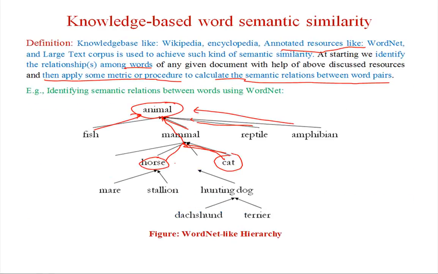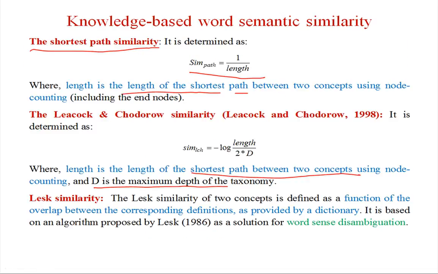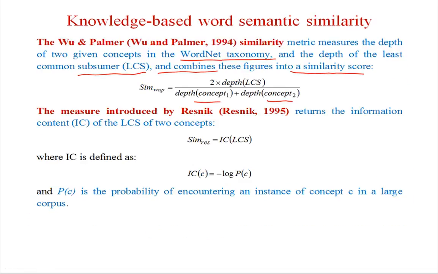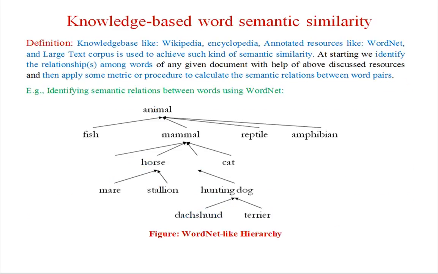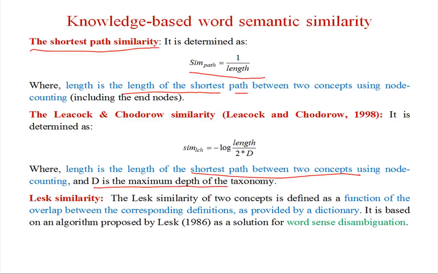Here it means the depth of horse and the depth of cat, and the LCS score will be 2 here. By calculation we can get the similarity score between horse and cat.